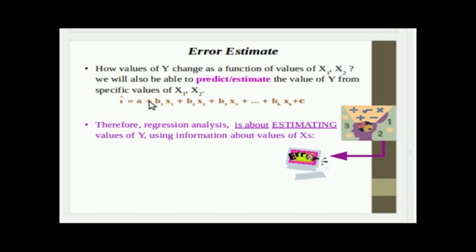In short, a is the intercept term and b is considered the slope parameter. These parameters are usually called regression coefficients. Then you know very well that x is the value of the independent variable, which is predicting or expecting the value of y.